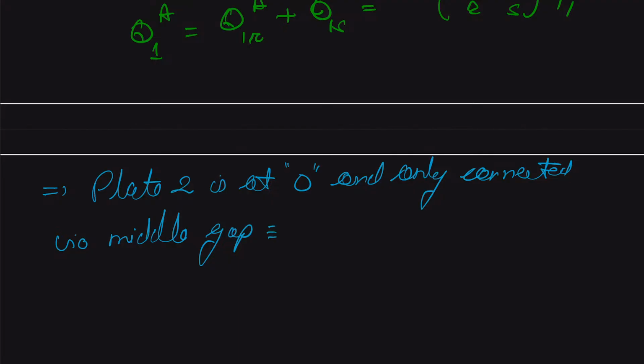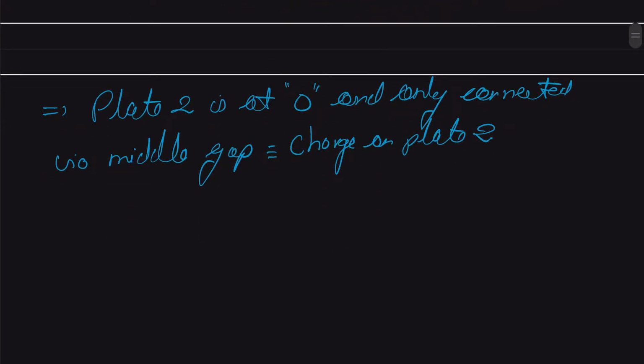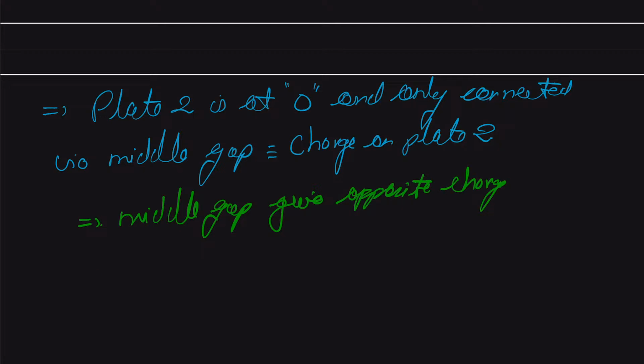It means our charge on plate 2, once again we can write this, as the middle gap is going to result in an opposite charge on plate 2. So we can say our middle gap gives opposite charge on plate 2.